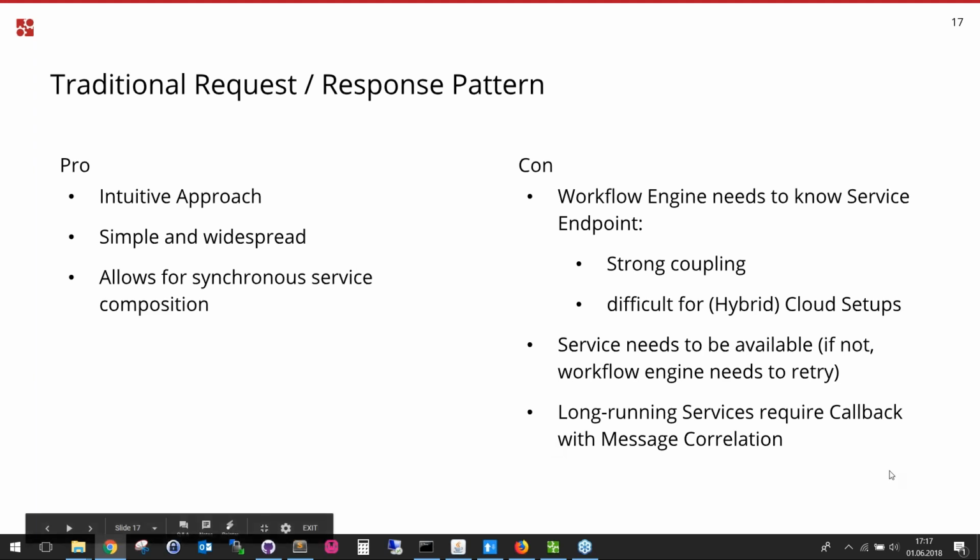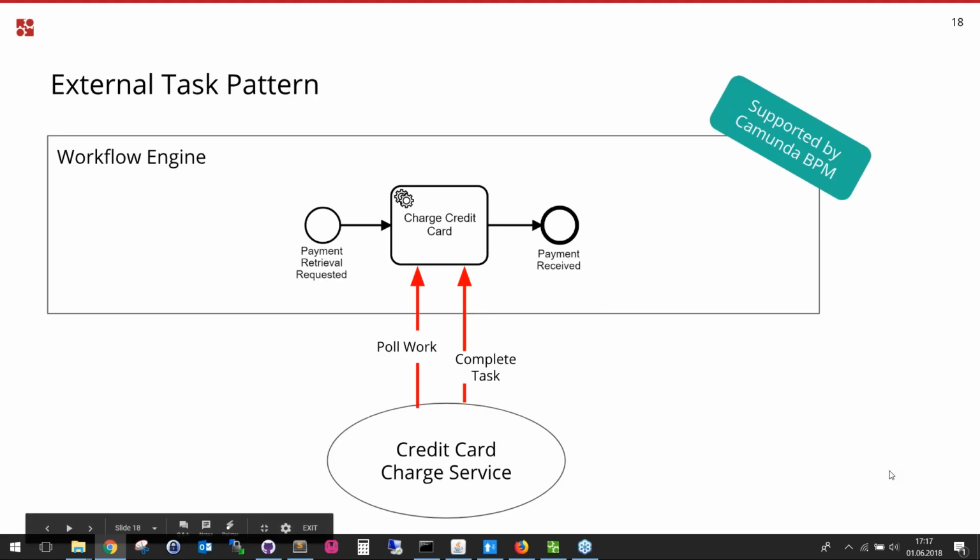So what's the alternative? Well, it's basically about turning this upside down and saying, let's just assume that a service task is handled a bit similar to how user tasks are handled in BPMN. So the workflow engine arrives at that service task and says, yep, now the credit card should be charged. I'm just stating that now. I'm not pending here waiting for a service to be called. Instead, a service will pull that work, get it done, and let me know it's done.